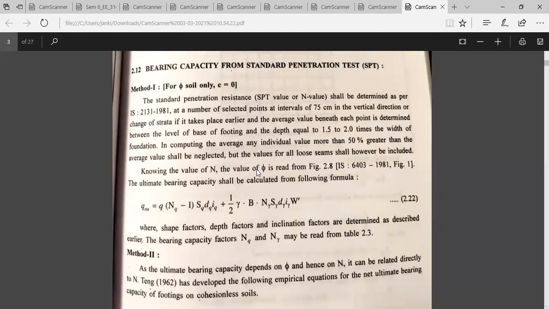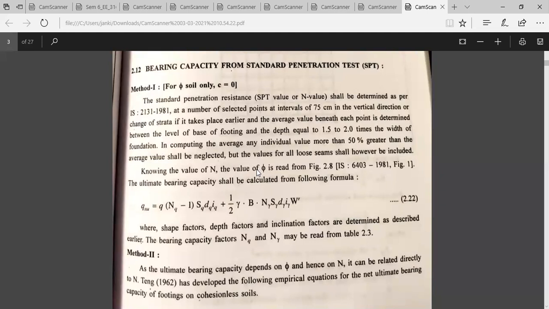This is determined between the level of the base of the footing and a depth equal to 1.5 to 2 times the width of the foundation. In computing the average, any individual value more than 50% greater than the average value shall be neglected, but the values for all the loose seams shall be included.